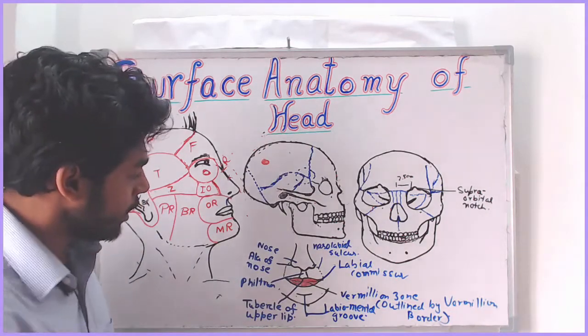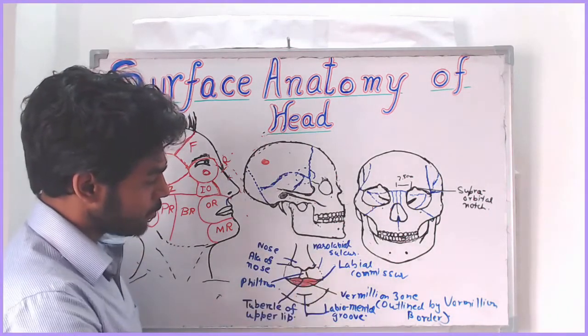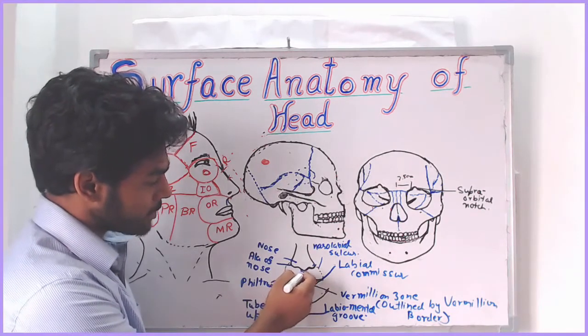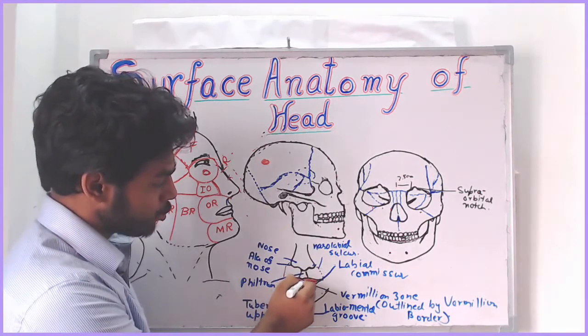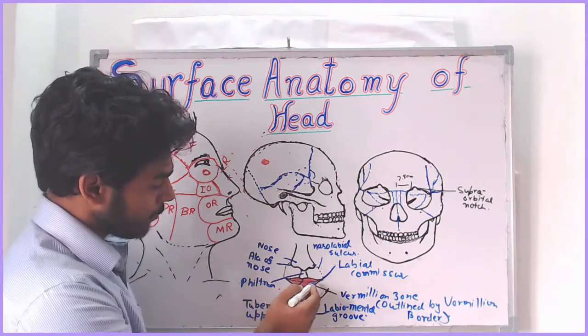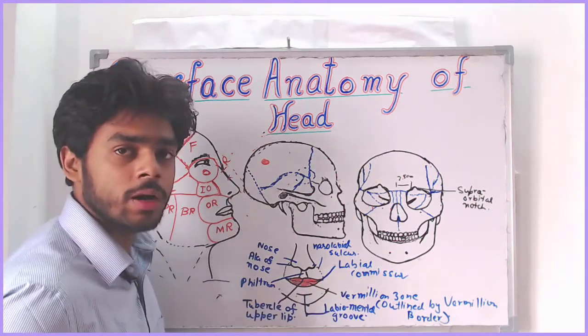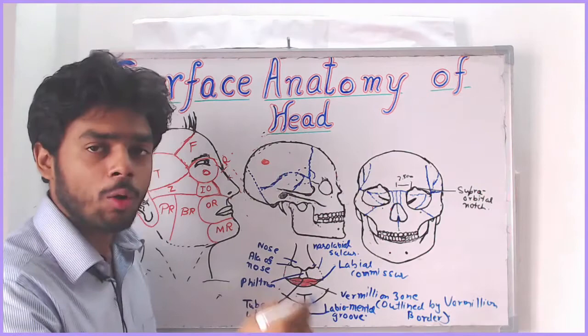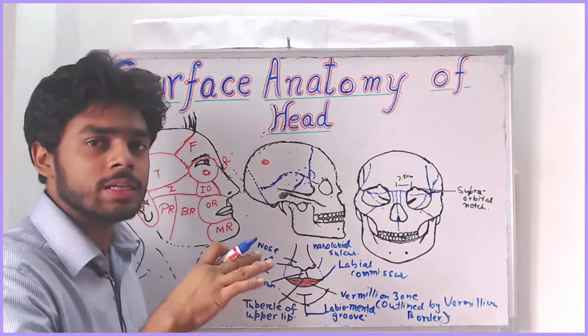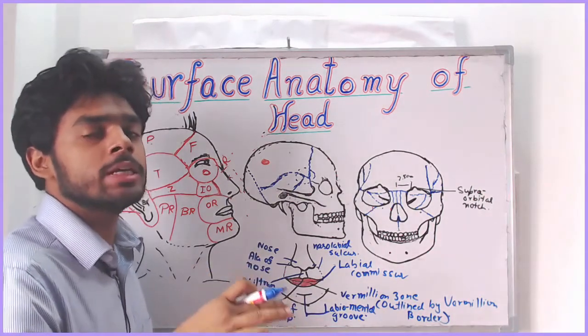So we have the nose, this is the ala of the nose, and here this is the philtrum. The philtrum's apex is towards the nose and its base is towards the tubercle of the upper lip. We have the lip. The pink region is called the vermilion zone, and the outline of that zone, where there is a junction of the skin and the vermilion zone, is called the vermilion border.